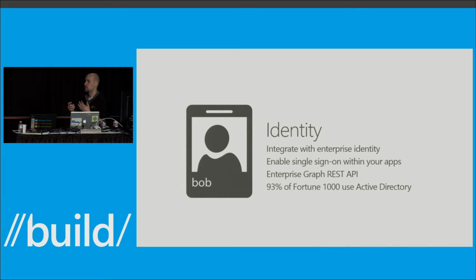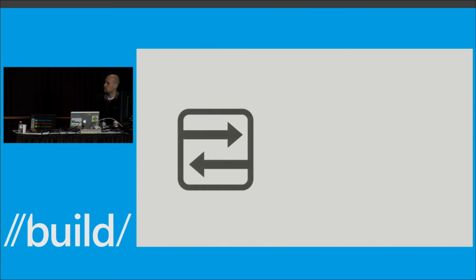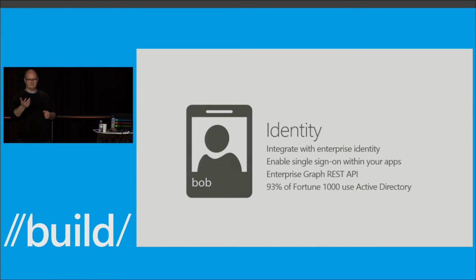That means you can do single sign-on with your apps, and you can access the REST API, the Graph REST API for Active Directory, so you can get information about the users, what they're allowed to do, all sorts of really great stuff. And for Java specifically, we call ACS filtering, allowing you to use authentication with certificates to authenticate against AD as well. Absolutely.